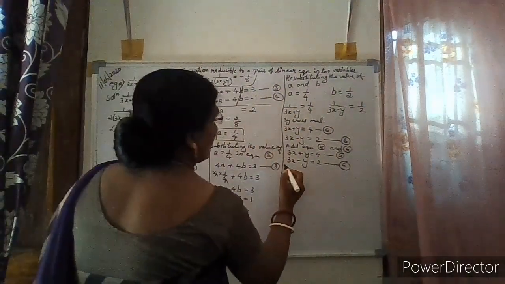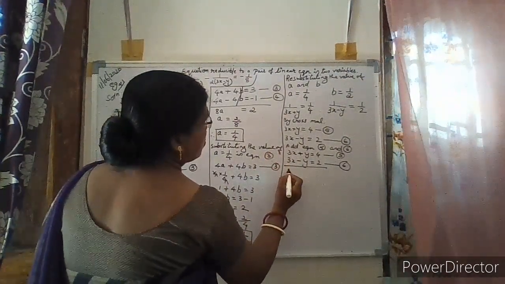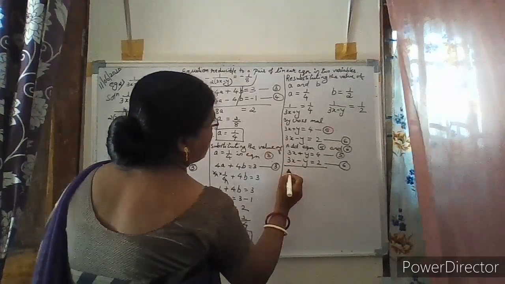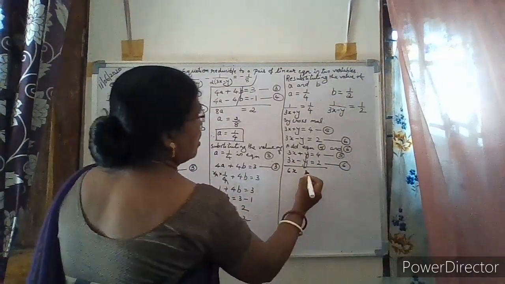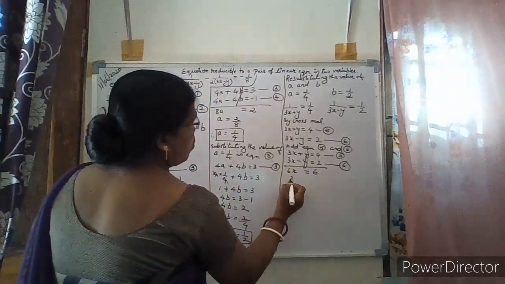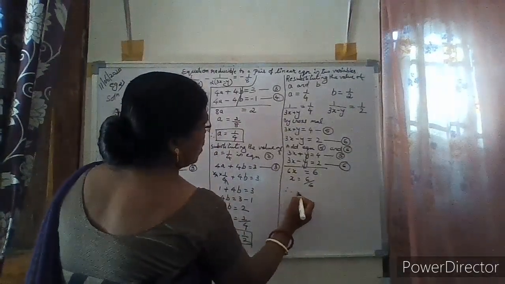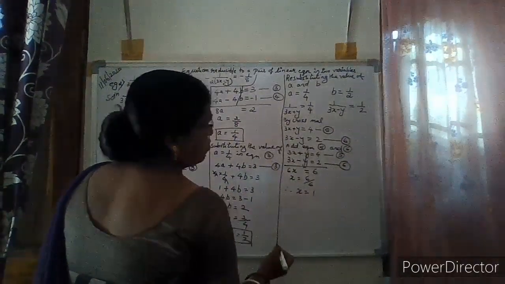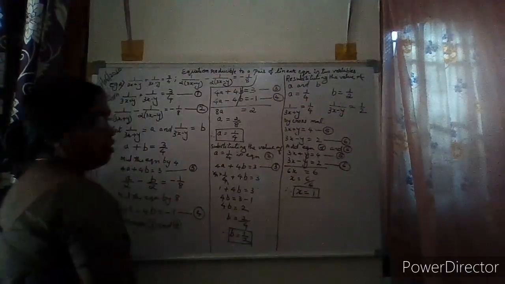So we are going to add it. 3x plus 3x is 6x. Y gets cancelled here. It is equal to 4 plus 2 is 6. So x is equal to 6 by 6. Therefore we got x is equal to 1. We got the value of x is equal to 1.